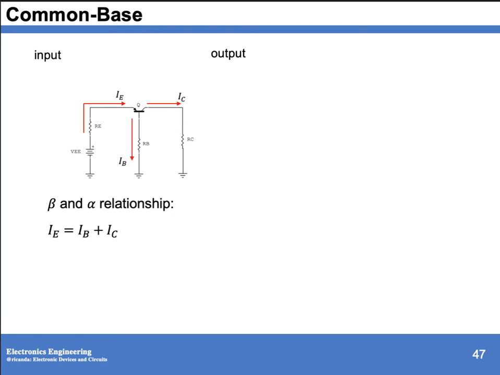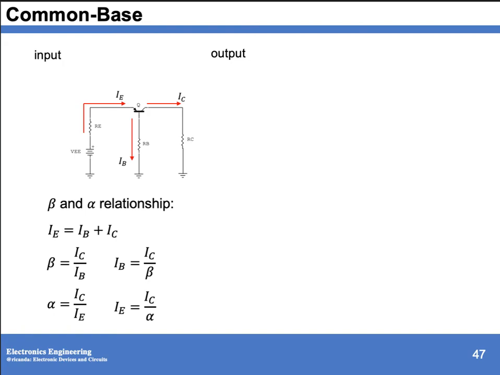So for beta, we have IC over IB, and we can express our IB as IC over beta. And for alpha, we have IC over IE, and we can express IE as IC over alpha.